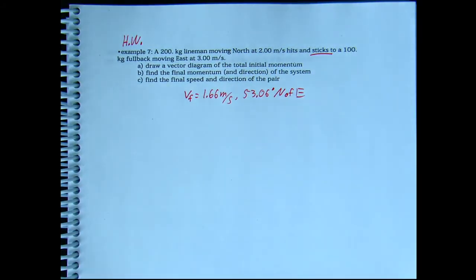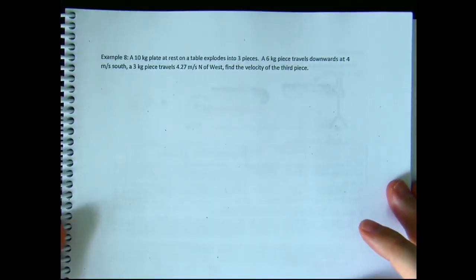There's one more kind of question that I want to do with you that isn't addressed in your notes formally, so I created this question. Here is example 8. A 10 kilogram plate is resting on a table and it spontaneously explodes, as plates do. So here we go.